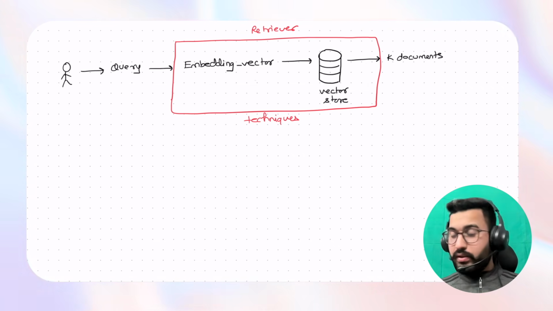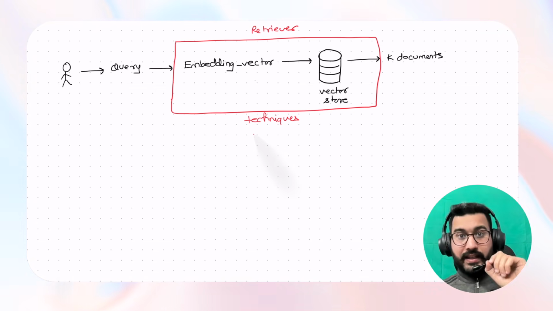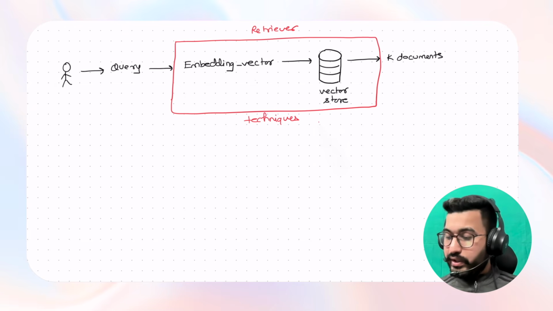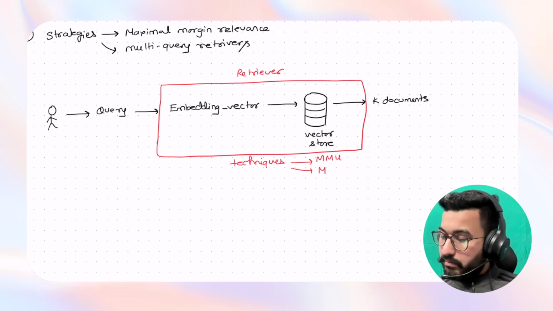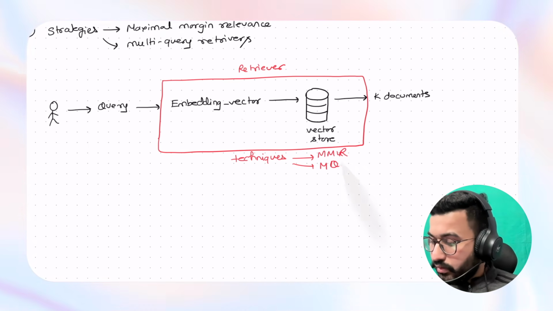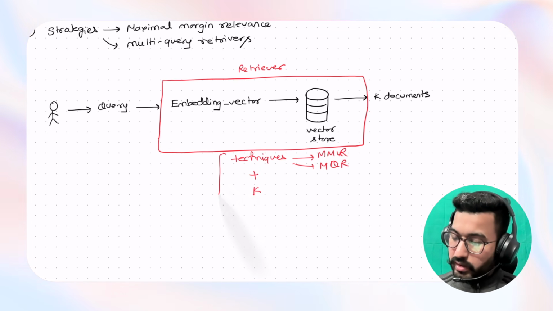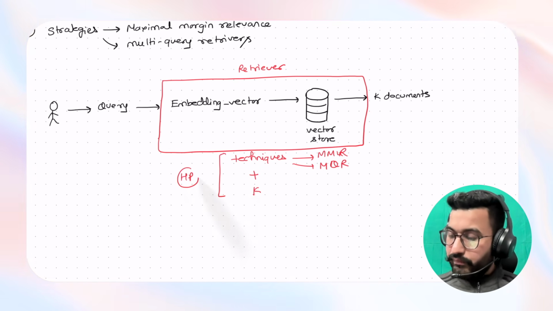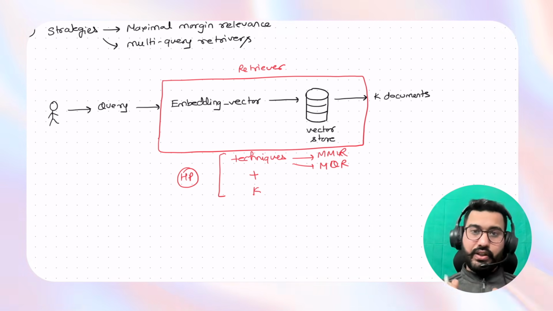So retriever also provides you the flexibility to define the technique of retrieval, which is you can define you want to use MMR and MQR. So which technique you want to use, plus you can define the value of K. So this is the hyperparameter which you get if you use retriever component in Langchain.